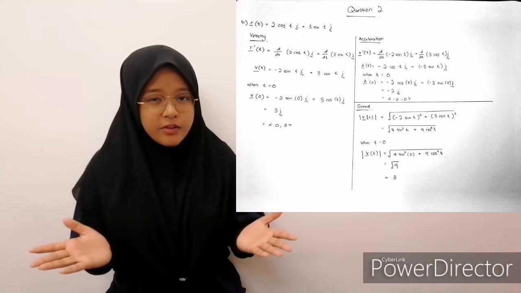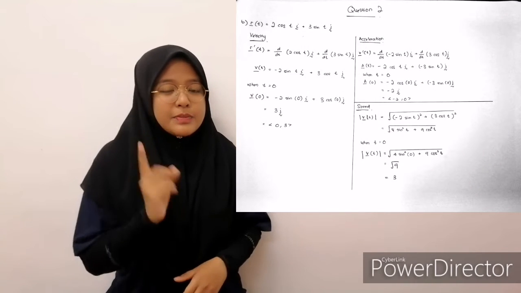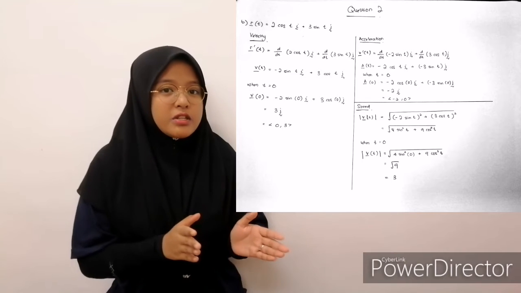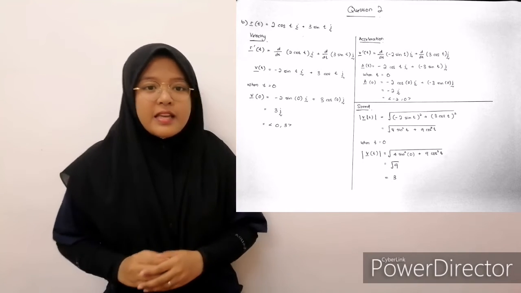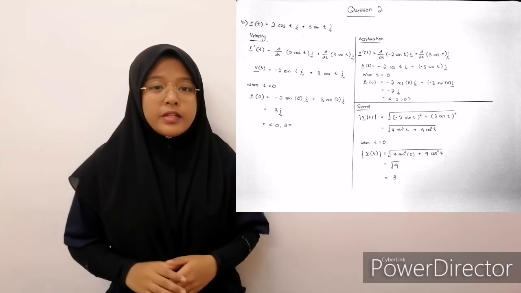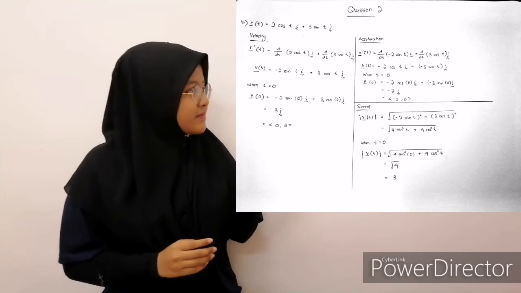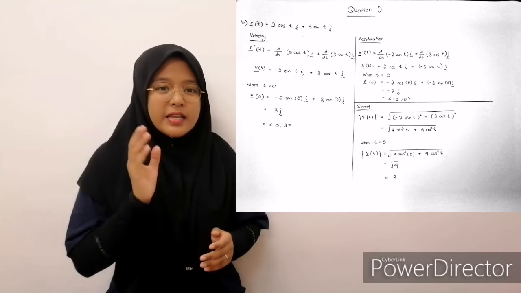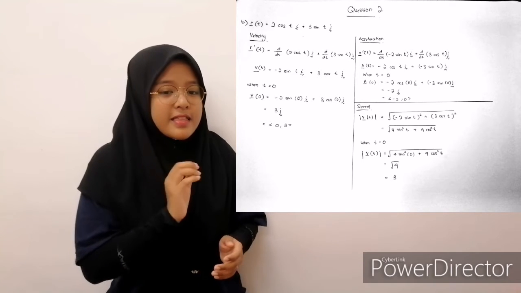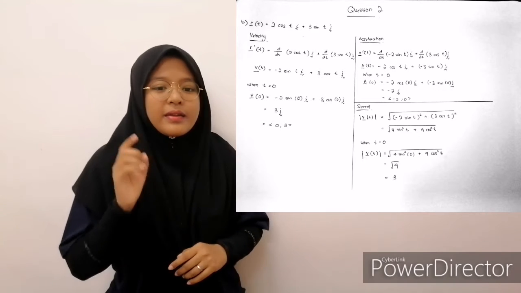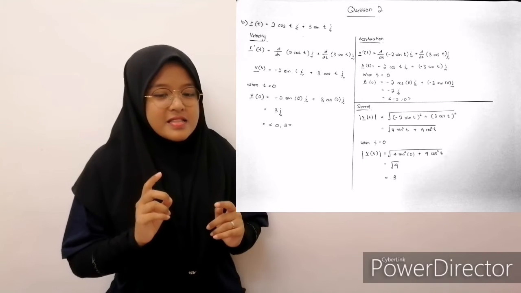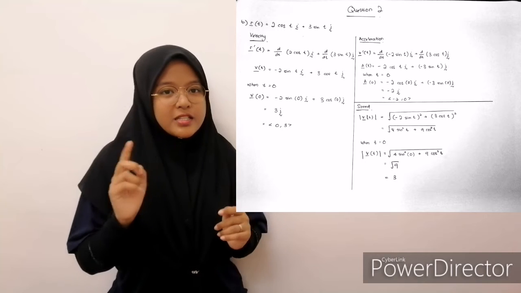After that, we will find the speed. So how are we going to find the speed? The speed is the magnitude of the velocity. So we put the square root of negative 2 sin t squared plus 3 cos t squared.